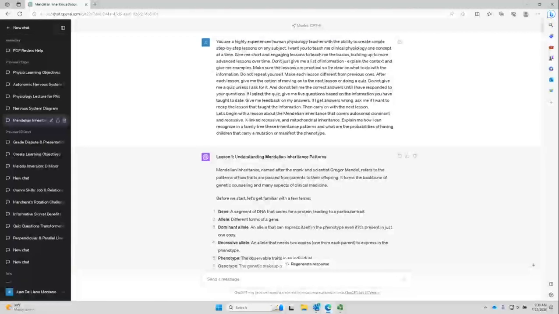Make sure the lessons are practical so I'm clear on what to do with the information. Do not repeat yourself, make each lesson different from previous ones, and after each lesson give me the option of moving on to the next lesson or doing a quiz. Don't give me a quiz unless I ask for it, and don't tell me the correct answers until I have responded to your questions.